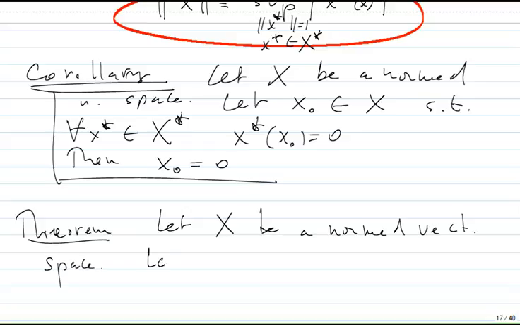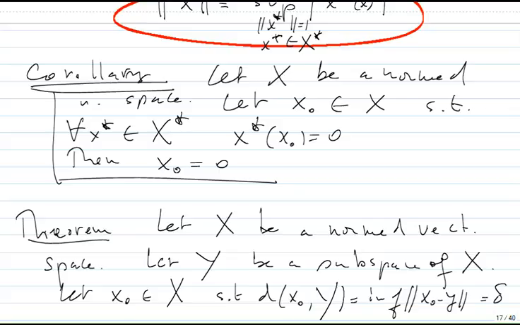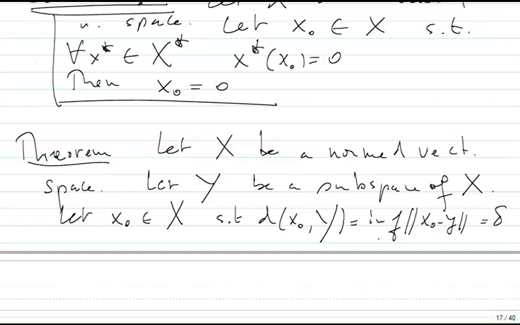Let Y be a subspace of X. Let x0 in X such that the distance from x0 to Y, equal to the infimum of the norm of x0 minus y, y in Y, equal delta, with delta positive.